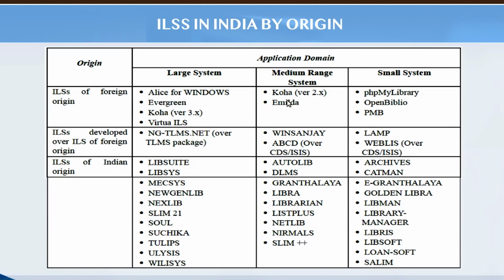Now in the medium scale system we have Koha version 2.x, that means the earlier version of Koha, and Emilda. A few Indian libraries are utilizing Emilda. But nowadays Emilda is considered an inactive ILSs. In the last 3 years there was no development, and some of the small scale libraries are utilizing PHP My Library, OpenBiblio and PMB. So people in the mid range who are utilizing Emilda are now thinking of switching over to PMB. PMB is actually coming up very professionally.